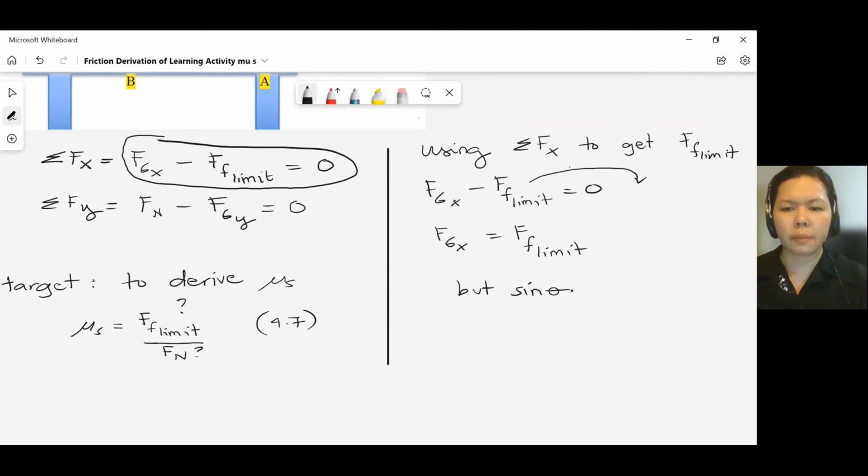Cross multiply, so Fg sine theta equals Fgx. So Fgx is Fg sine theta, which equals FF limit.